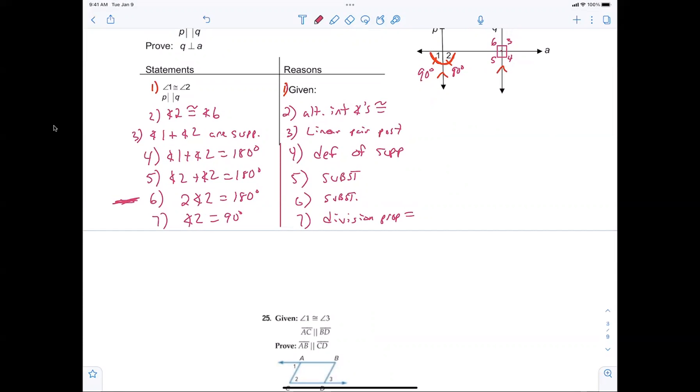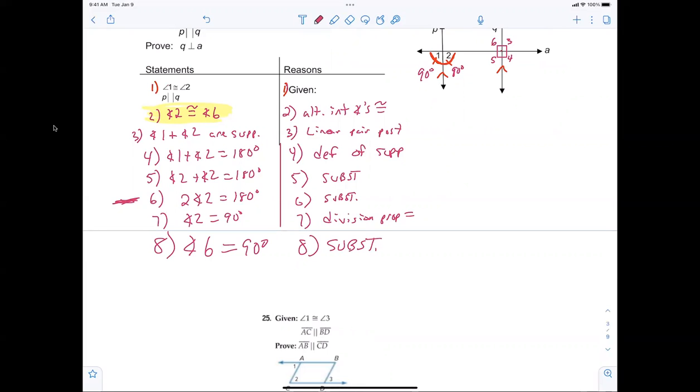Angle 2 is 90. Now we already said something up here. What did we say up here? Angle 2 is congruent to angle 6. Of course. So angle 6 equals 90 degrees. And again, we just did a substitution.